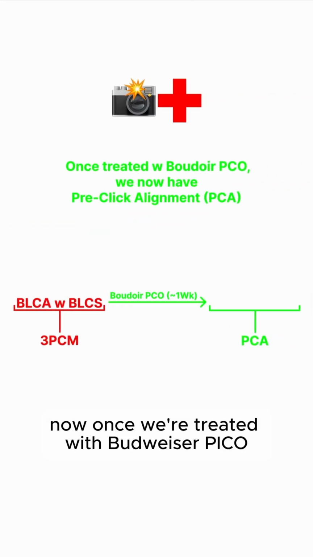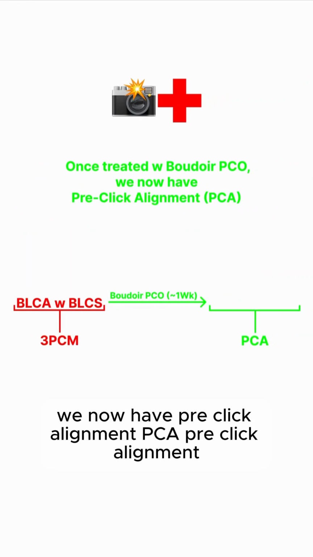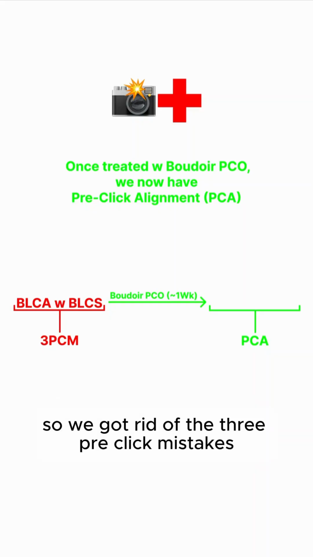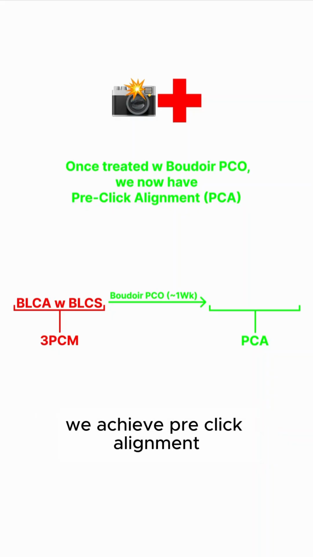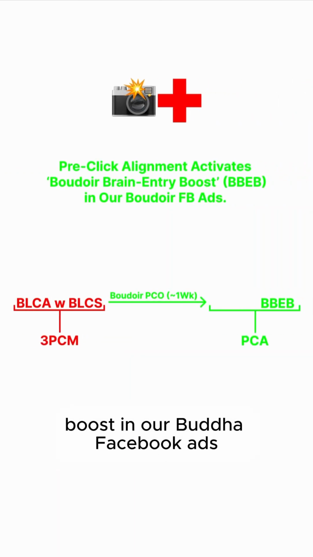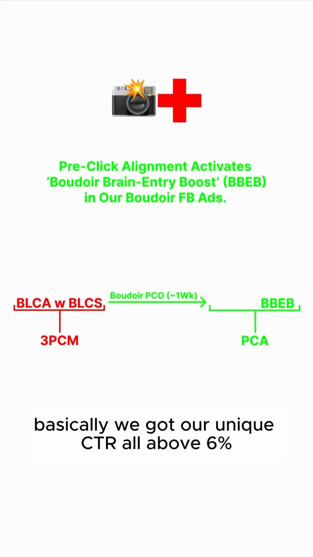Now, once treated with Boudoir PICO, we have pre-click alignment, PCA. So we got rid of the 3 pre-click mistakes. We achieve pre-click alignment, and pre-click alignment activates Boudoir brain entry boost in our Boudoir Facebook ads. Basically, we got our unique CTR all above 6%.